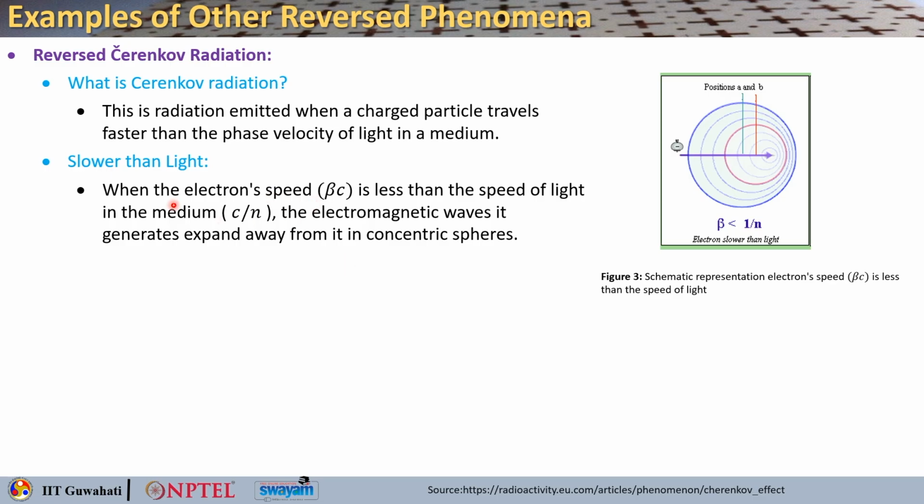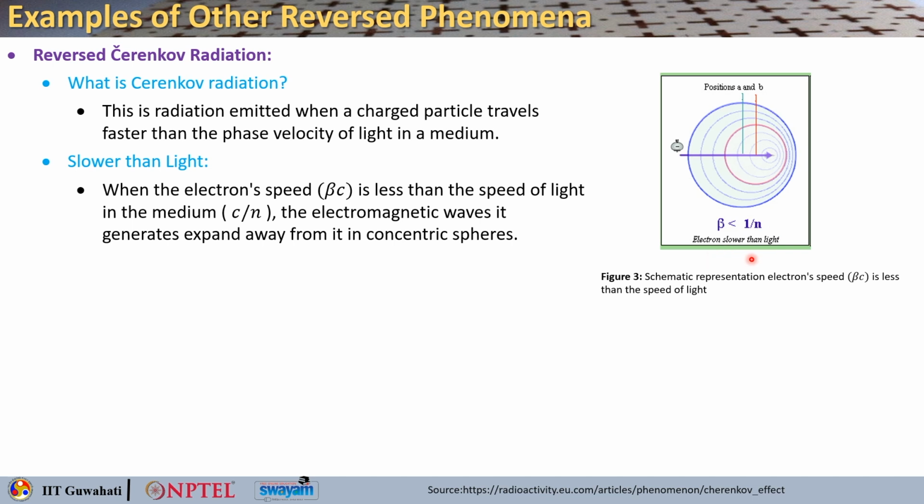So, when the velocity is slower than light, what happens? Here we see the electron at two positions, A and B, and β is less than 1/n, so the electron is slower than light.